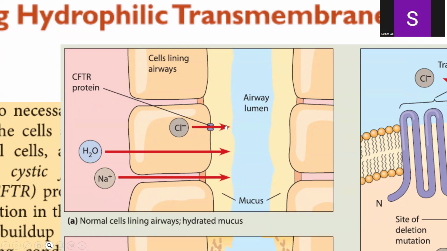Now, both of these ions are osmotically active. They interact and they are solvated by water molecules. So therefore, water molecules will also be transported into the mucus. So thereby, the mucus will have a certain suitable consistency and thickness.